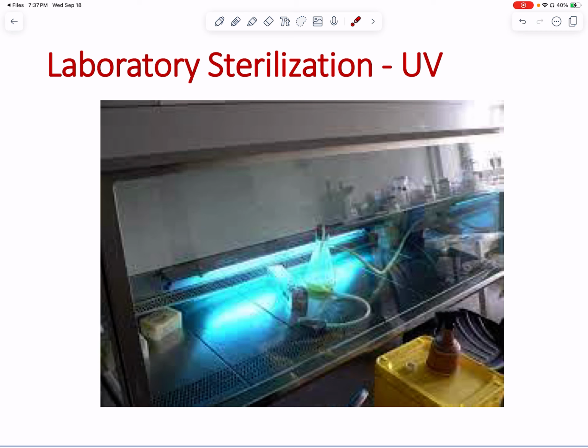Unless that sash, this glass window, is pulled all the way down safely, we could expose ourselves to it, and we could end up suffering consequences of that extended UV irradiation, thus leading to potential cancer development, which obviously we don't want. So although it's an effective means of sterilization, it's really recommended to use things like bleach or another type of ethanol cleaner on your lab surfaces to do basically the same thing, but safer for us.